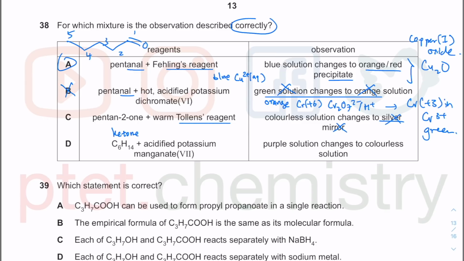Ketone is not oxidized by Tollens any further. You have C6H14, which is going to be an alkane, and we know that alkane will not be further oxidized by KMnO4, so you don't do that because not alkene, CnH2n there, so only A is correct.